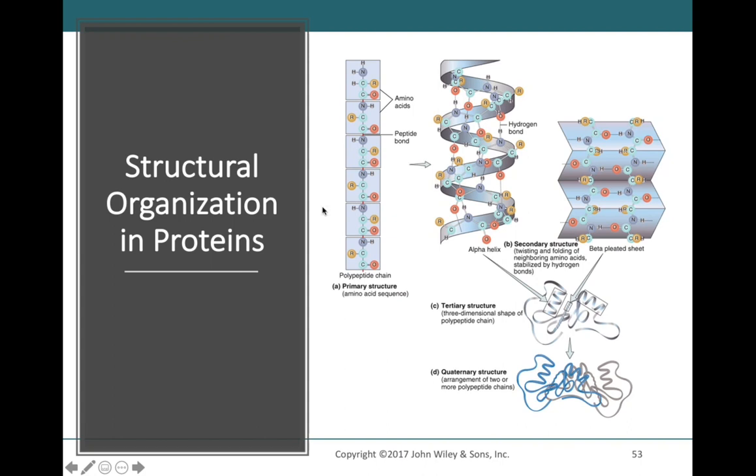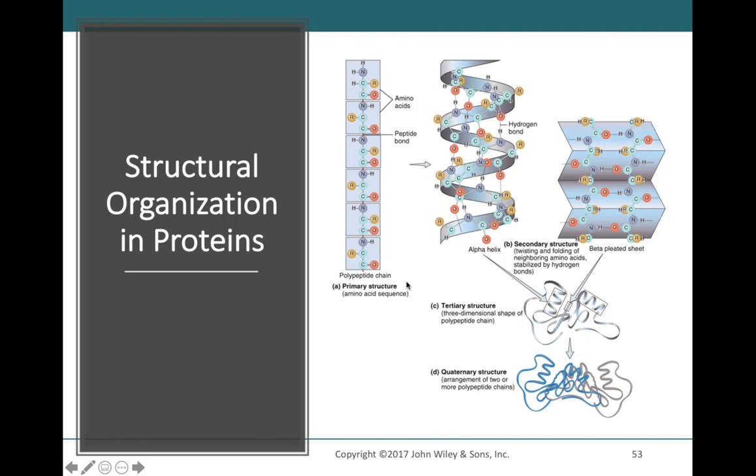So you can see that we have a primary structure, a secondary structure, a tertiary structure, and lastly a quaternary structure. So proteins have these four different structures, and this is the way that we can break up these individual parts of proteins and see how they're going to interact with one another.